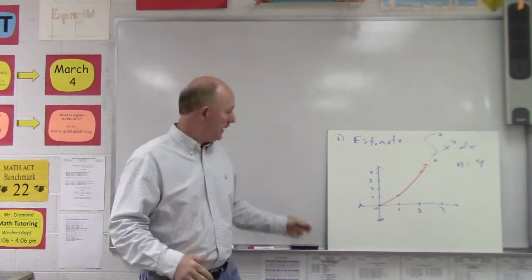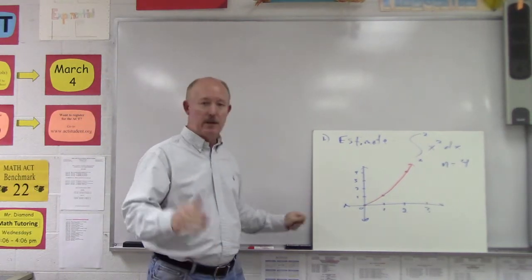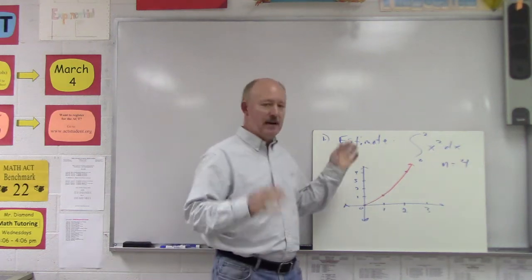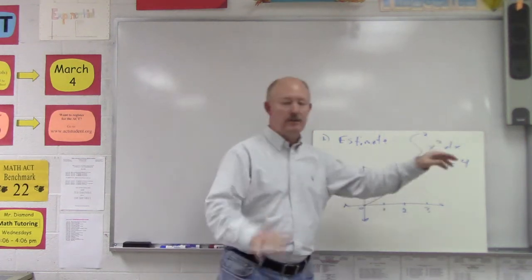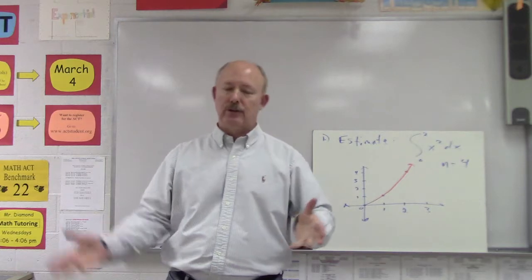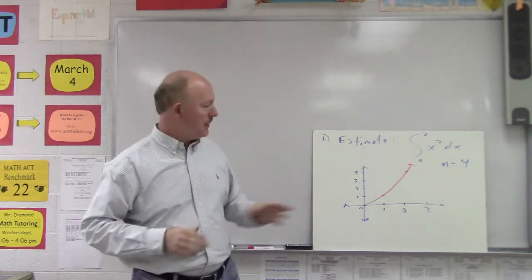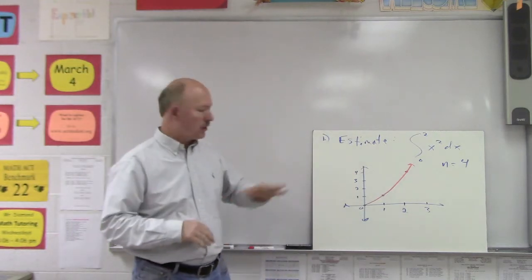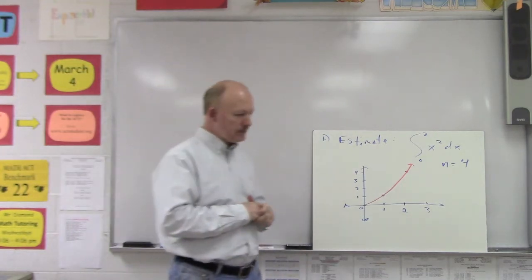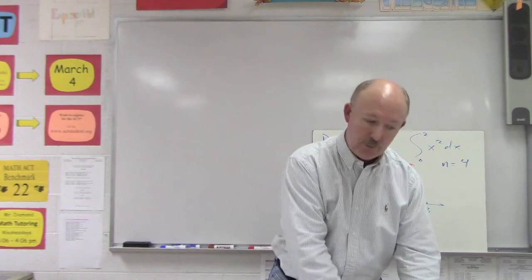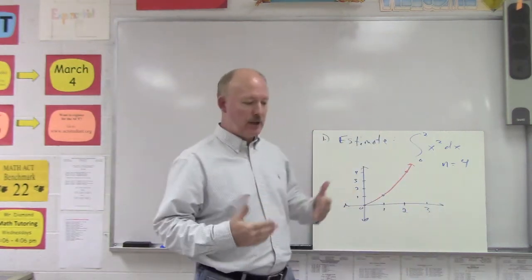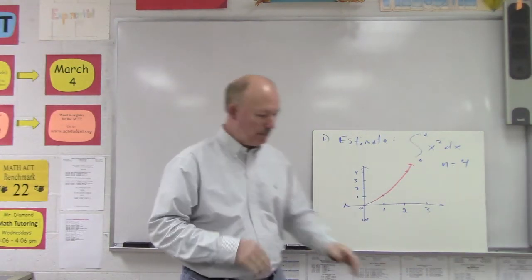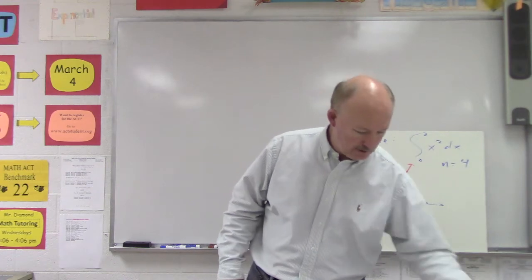Now, keep in mind, if you're familiar with the fundamental theorem of calculus, it would be a very simple matter to find the antiderivative of x squared, substitute the upper bound minus the lower bound, and we could get the exact value of the area between the curve and the x-axis here. But let's see if we can estimate the area using the trapezoidal rule.